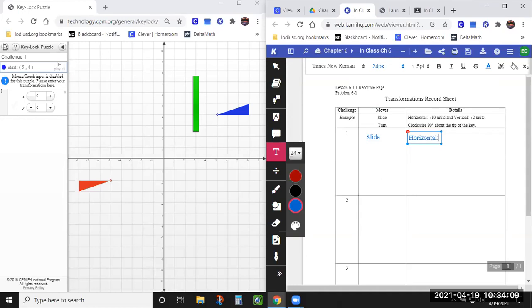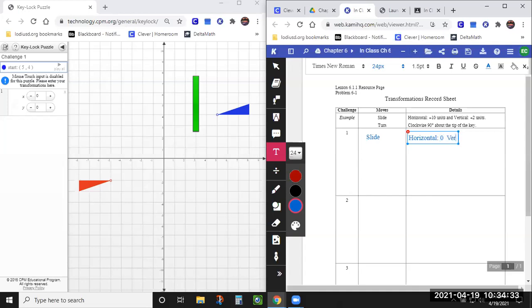Only up and down. So is our sideways changing? If we only want to go up and down, are we going to be changing our left and right? No, so 0.